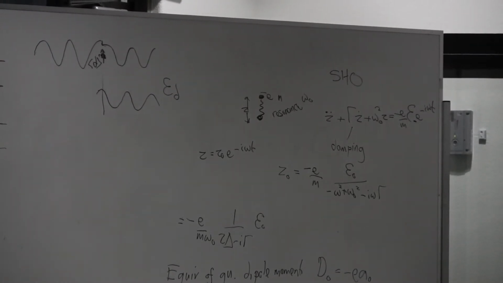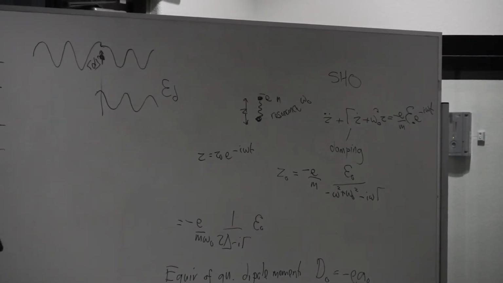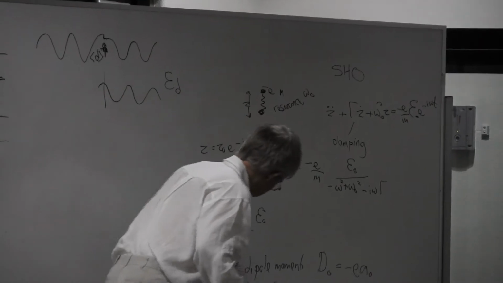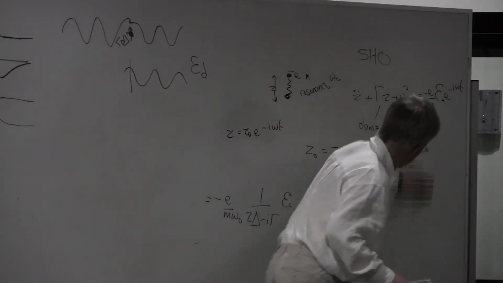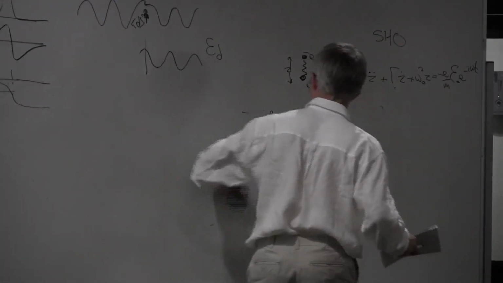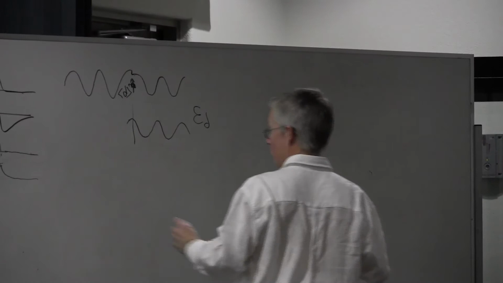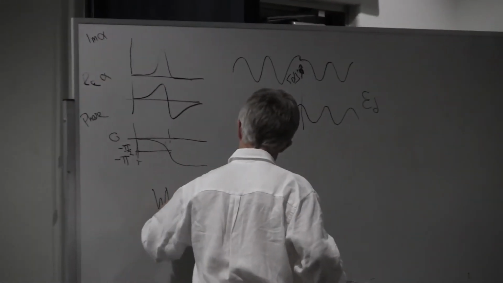Nobody wants to commit. I wonder if many of you know the formula for gamma. So the question is, what is gamma?